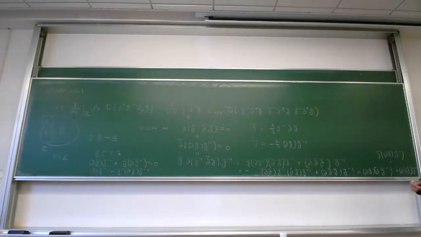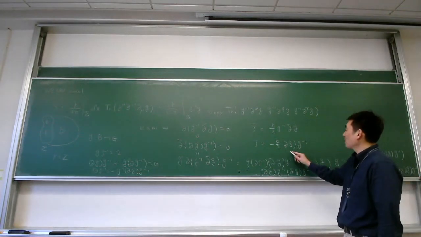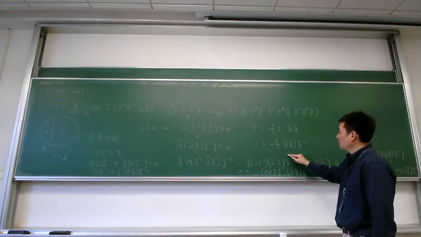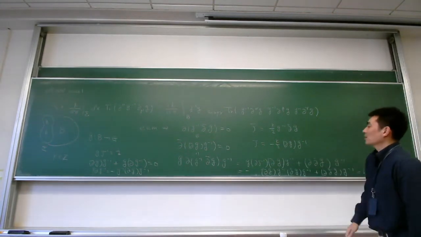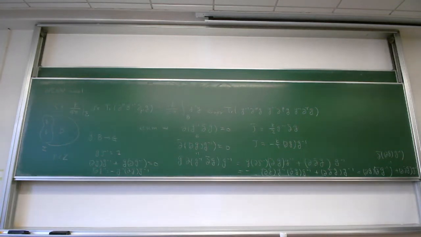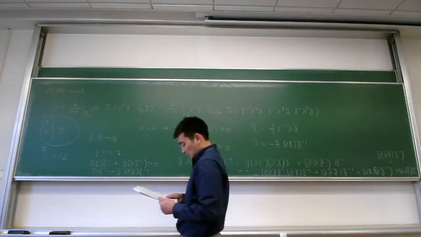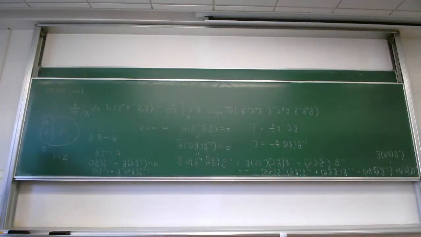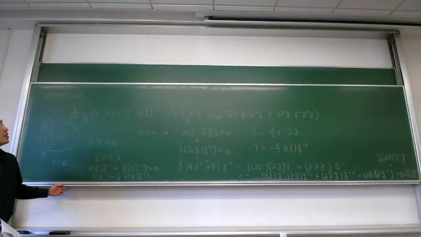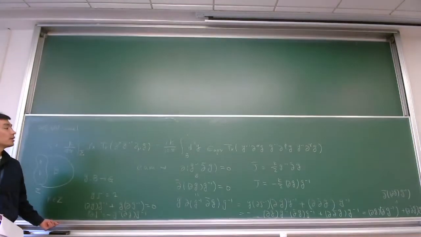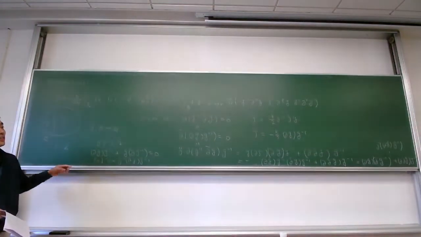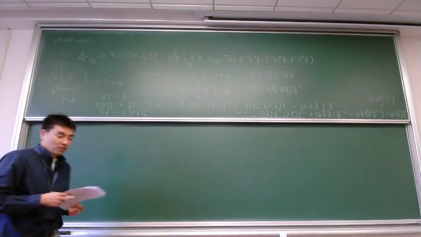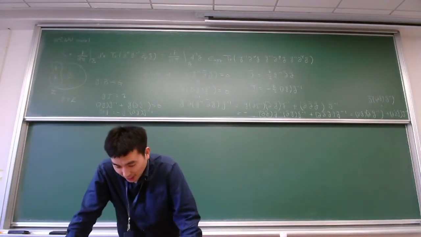Last time in the first half of the lecture, I think I wrote G inverse like this, but this is not true. So that's how you derive the holomorphic current. Any questions?